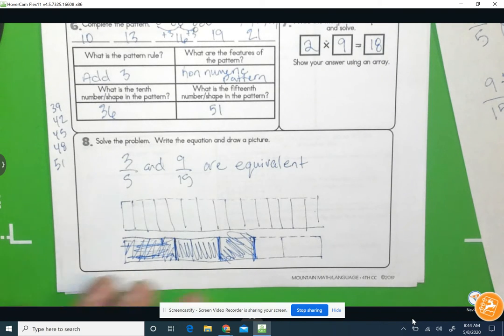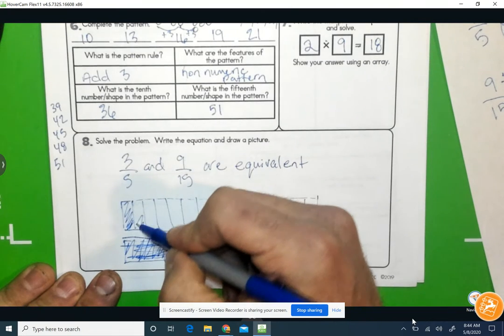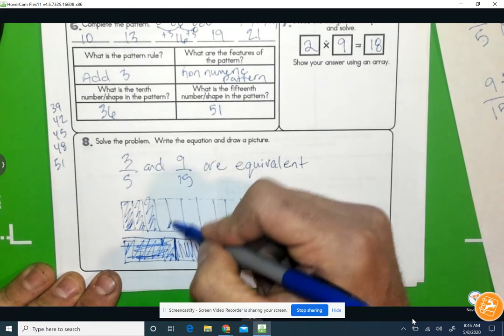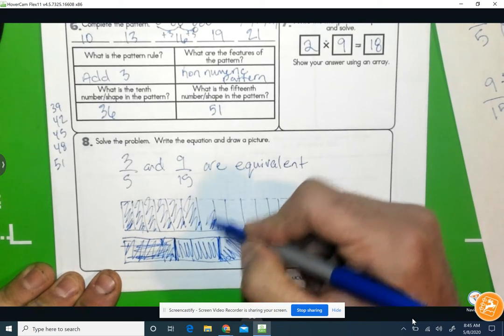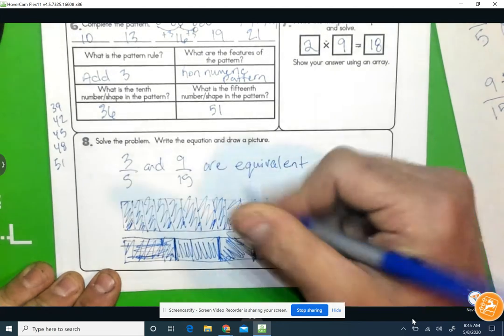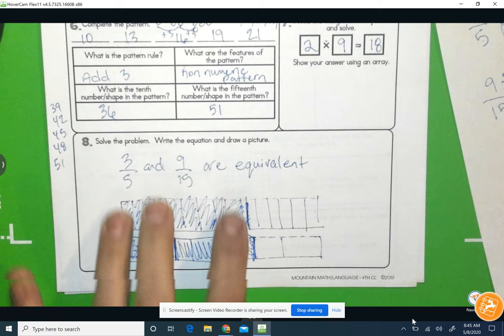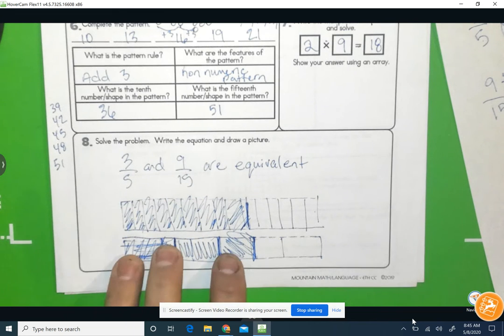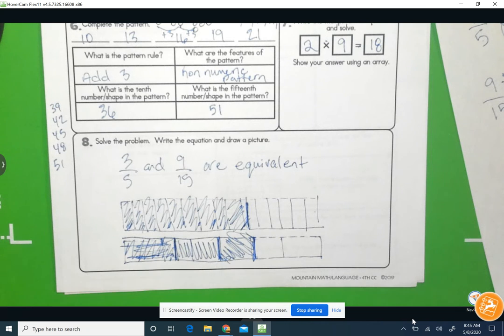And then we have Meg eating her 9: 1, 2, 3, 4, 5, 6, 7, 8, and 9 pieces. And if I would have drawn this exactly, you'd see that 9/15 and 3/5 are the same amount of pieces.